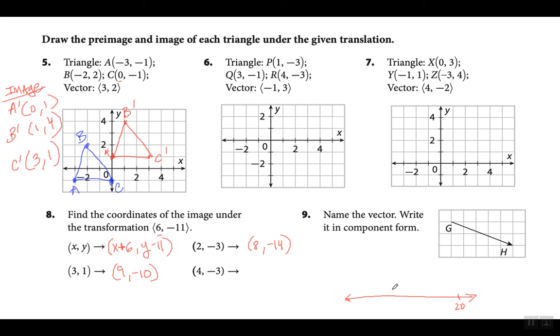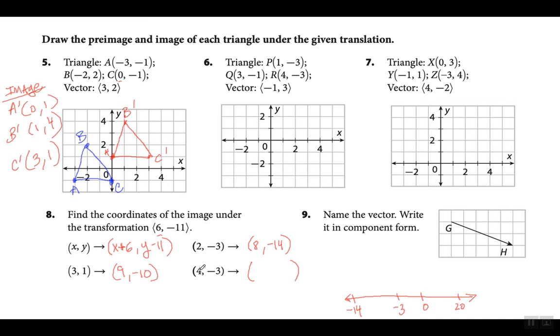I'm going to do the same thing, except instead of starting at 20, I'm going to start at negative 3. So negative 3 minus 11, I've got to go 11 numbers to the left, except the numbers are going like this: negative 3, negative 4, negative 5, negative 6. So I end up doing 11 plus 3, which is 14, and it's going to be negative.